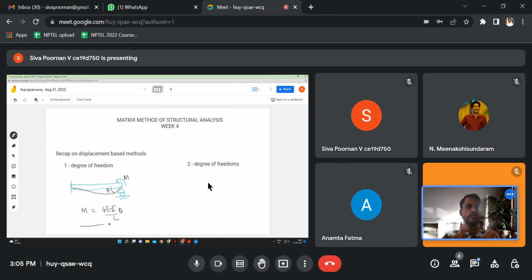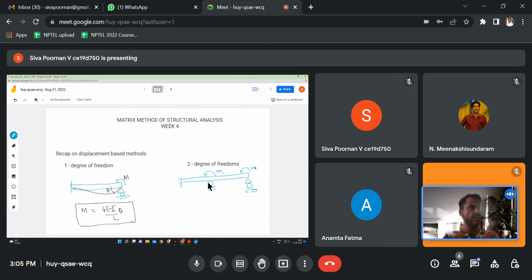Okay, so can you give an example of a 2 degree of freedom system? So we can probably continue the same beam with one more continuous span. Then we'll have a 2 degree of freedom system, right? This is a good example of a 2 degree of freedom system, where we can have two moments, and then we can find out the rotations at these points, M1 and M2.